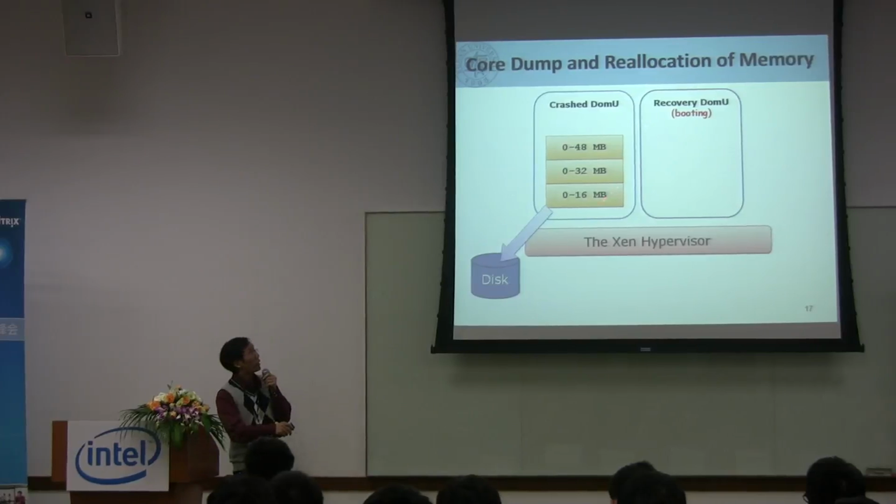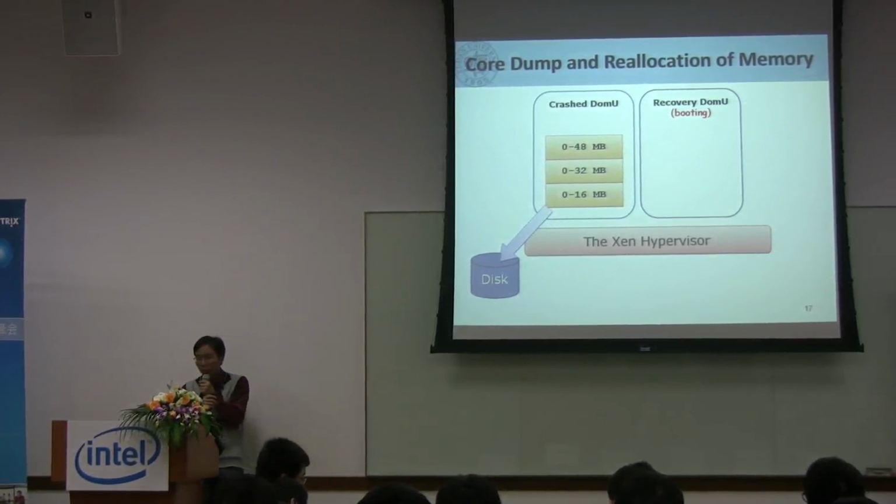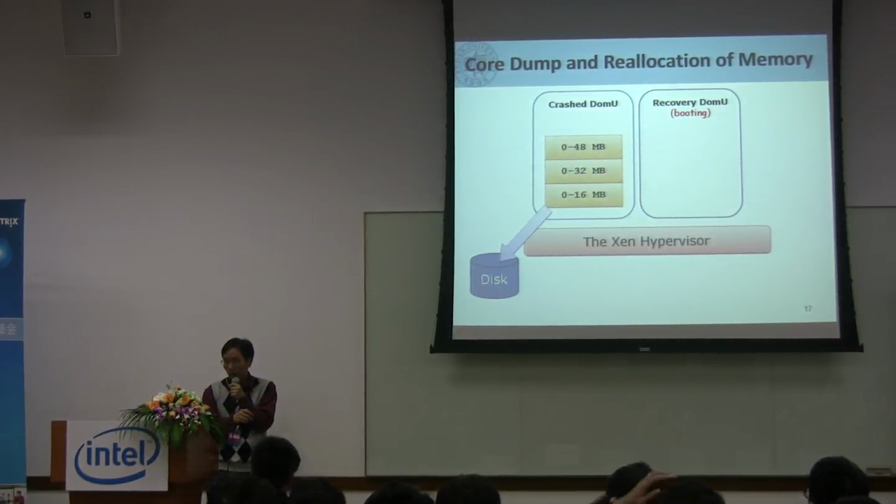Here is a picture that depicts the flow of crash dump and the relocation of the memory. We divide the memory in the crashed domain into a number of chunks.